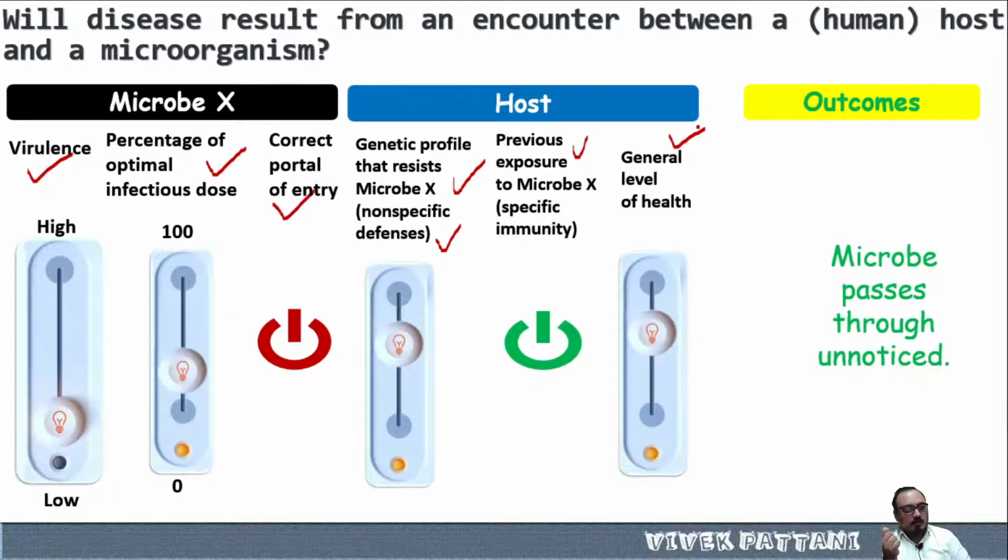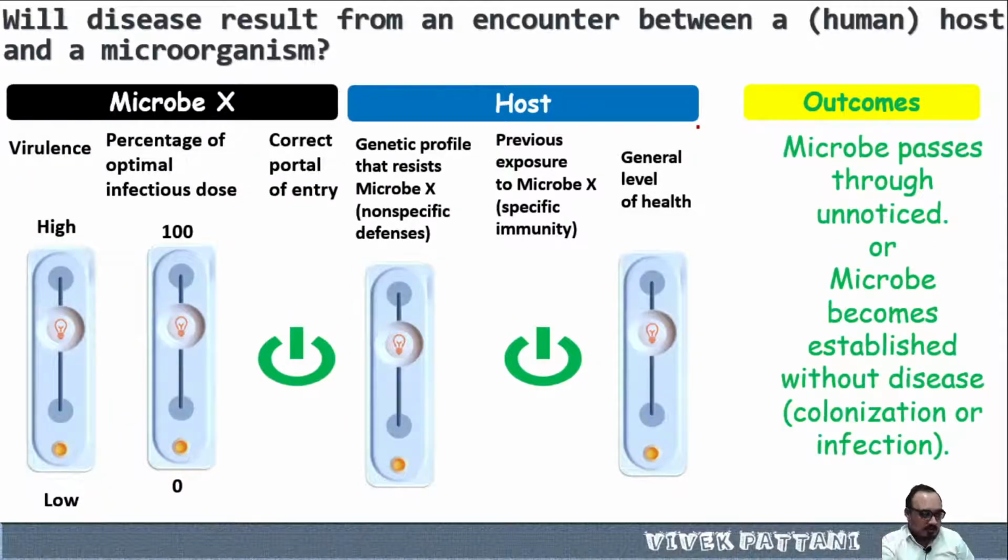Now moving on to the second scenario. Again the same parameters: virulence, optimal dose, portal of entry, genetic profile, previous exposure, and general health. Now comes the virulence power.